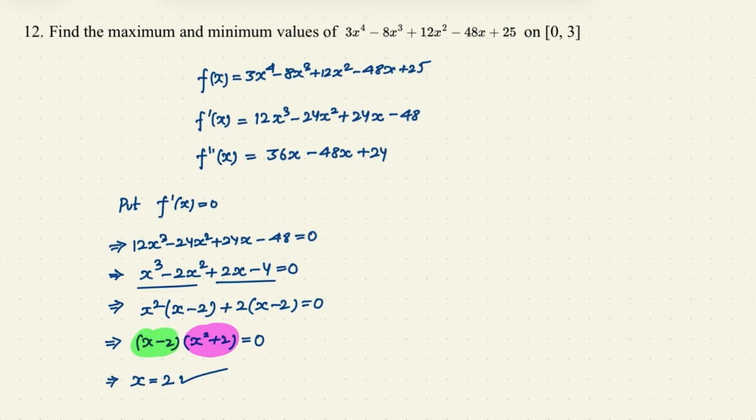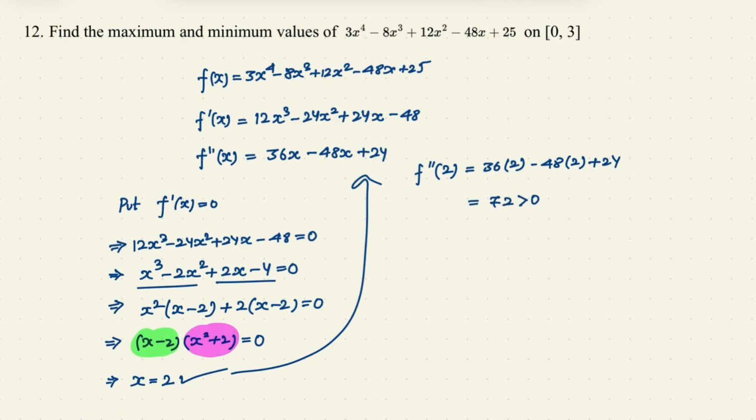Now let us put this 2 in f double dash of x here. Then we will have f double dash of 2 equals 36 times 2 square minus 48 into 2 plus 24, which will be equal to 72, and this is greater than 0.